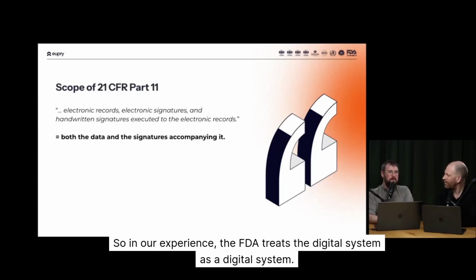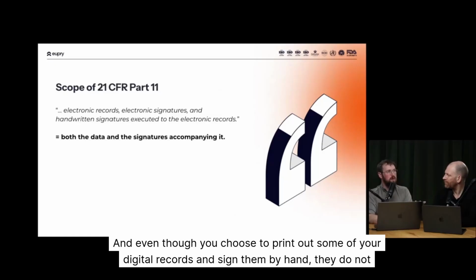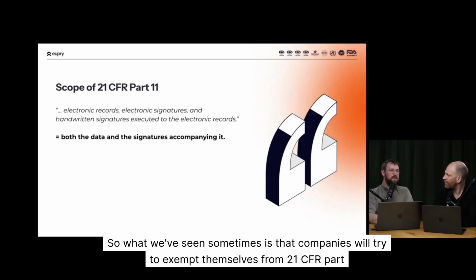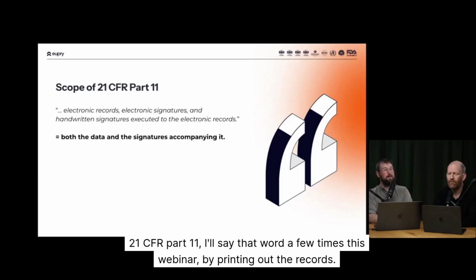In our experience, the FDA treats the digital system as a digital system. Even though you choose to print out some of your digital records and sign them by hand, that does not exclude you from having to apply 21 CFR Part 11 to your digital records. What we've seen sometimes is that companies try to exempt themselves from 21 CFR Part 11 by printing out the records.